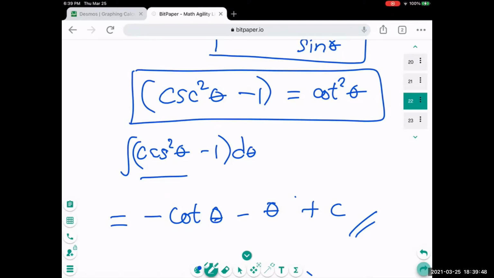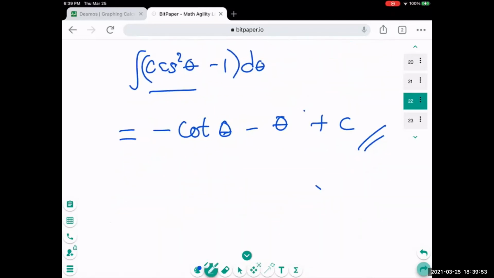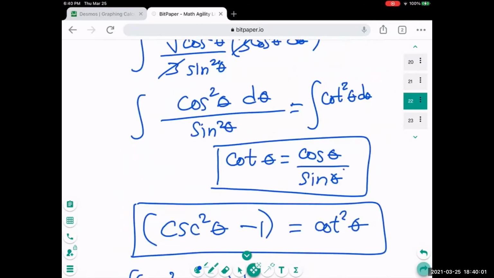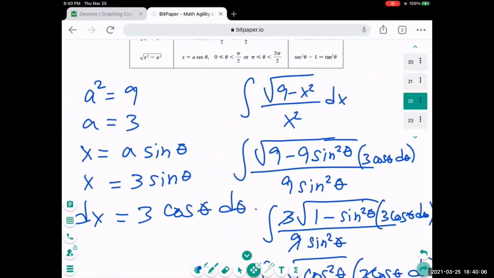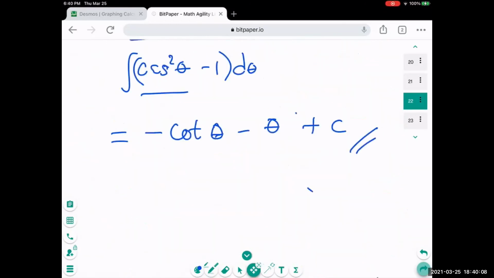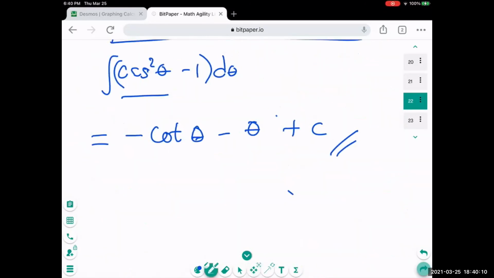So now we're gonna relate everything in a triangle. So if you remember your right triangle, so we initially said that our x is equal to 3 sine theta, right? So our sine theta is equal to x over 3, right?